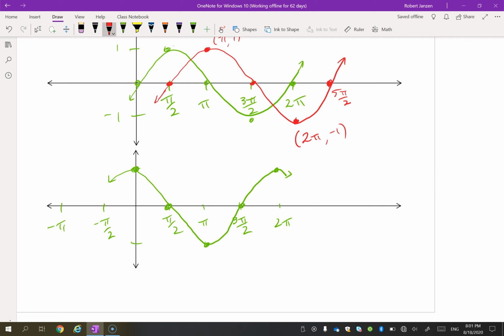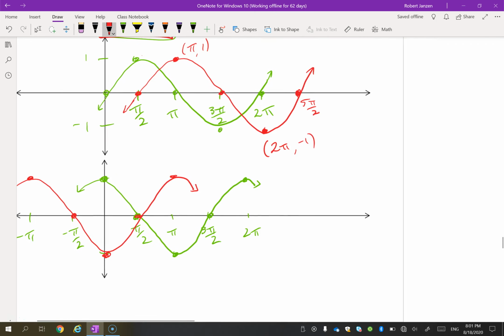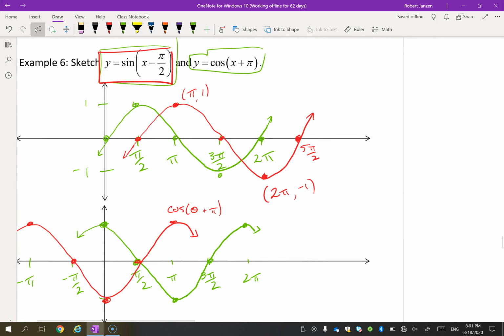And if I want to move left pi, this point would go there. This one would go here. This one would go here, to there, and to there. Okay, and we should label that somehow. This is cos of x plus pi. Oh, sorry, it's not theta, it's x.